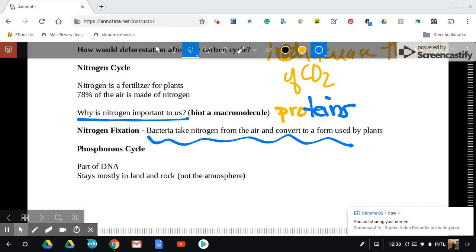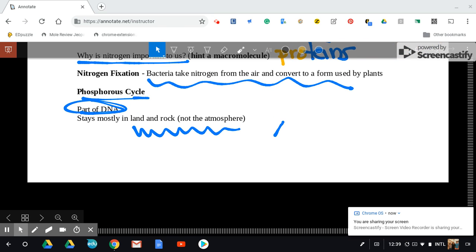And when they fix it, we get it by eating the plants or the animals that ate the plants. And then, as we let go of waste, it gets returned to the atmosphere. Now, the phosphorus cycle, which is needed in our DNA, is basically formed from the decomposition of eroding rock.